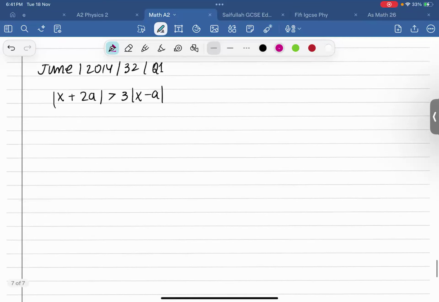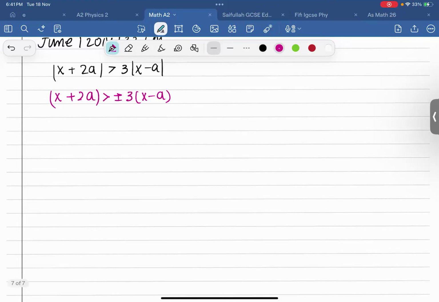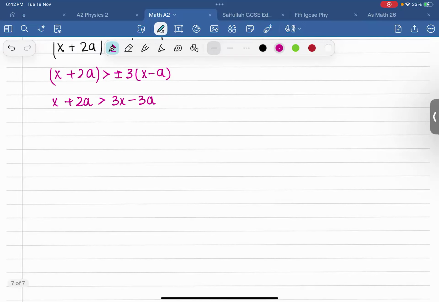So a better way of solving this is just to put the plus and the minus sign with any of the sides, okay, and solve, right? So if we take a plus sign, that becomes x plus 2a is greater than 3x minus 3a. Solving that, you'll get x equals 5a over 2, first answer, right?